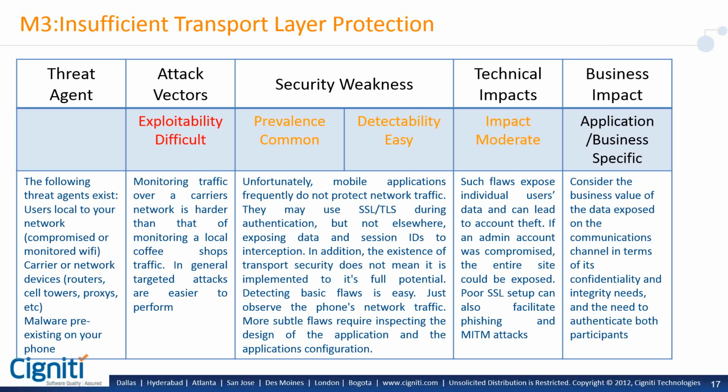That way you are putting the data in transit in a high risk zone. These kinds of issues are pretty difficult to look into, and they have a lot of impact, both from the technical perspective and the business perspective, to an individual and also to an organization, and a lot of attacks can happen through this.